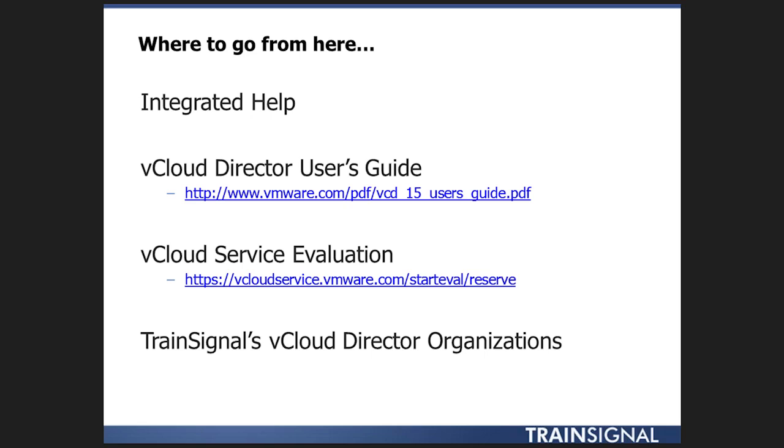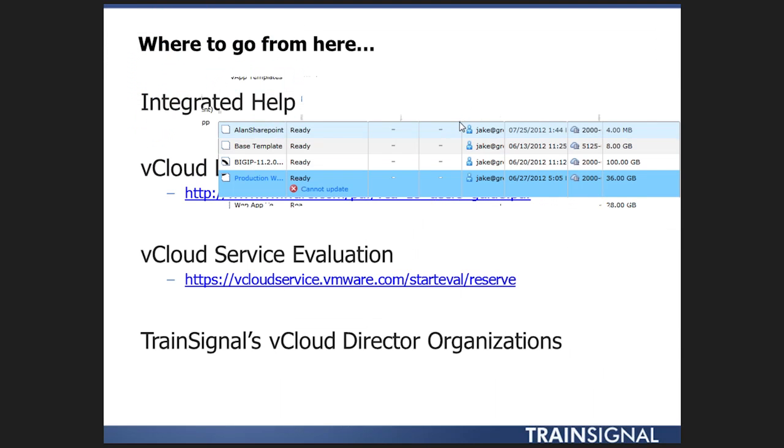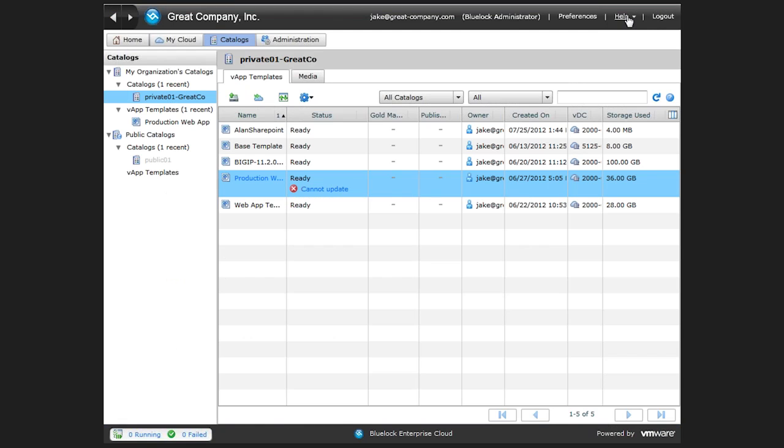So the first is the integrated help within vCloud Director. Real quick, I'll pop back over and show you. In the upper right, there's simply the help button that you can click on, and it'll take you right to a searchable index of all the different features within your vCloud Director organization.